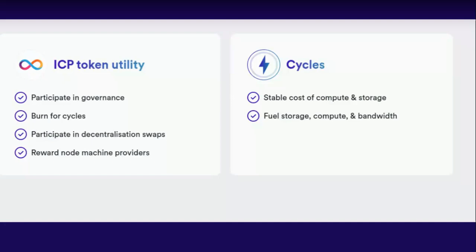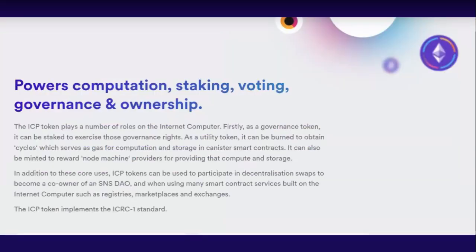We checked out the ICP token and how it's used as a utility token and also a governance token. It's also used as a token for developers to build their dApps online, of course, through cycles.